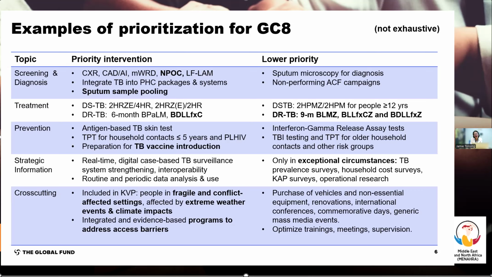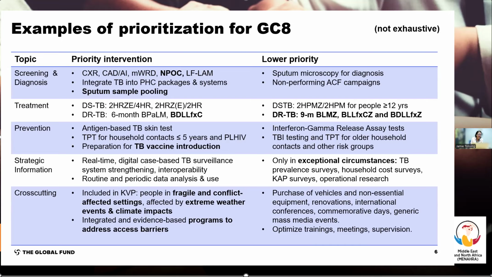On the other hand, there is also a 4-month regimen for adults. We are deprioritizing that rifapentine-based regimen for people above 12 years. We're saying that's not a priority, mainly because it costs 4 times the standard 6-month DS-TB treatment, it does not necessarily give you better outcomes, and it has a high pill burden. So for that reason, we're saying that's lower priority.